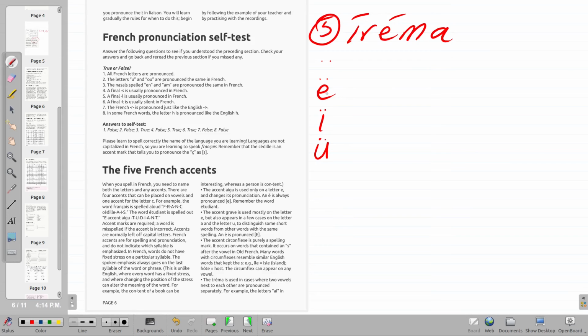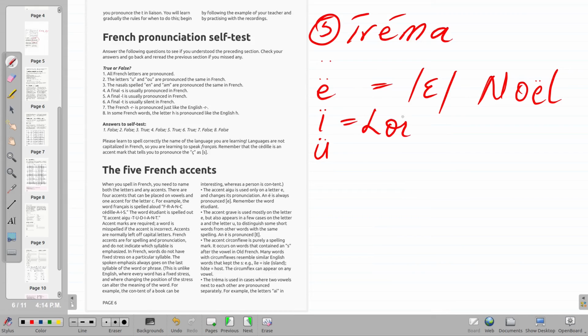For E, it still makes you pronounce the E as E. A good example is Noël, which is Christmas. Another example with I is Loïc, which is somebody's name. We've seen what it does in an E. What it does in an I, I told you before in a preceding lesson that when you have O and I, that is pronounced wa.